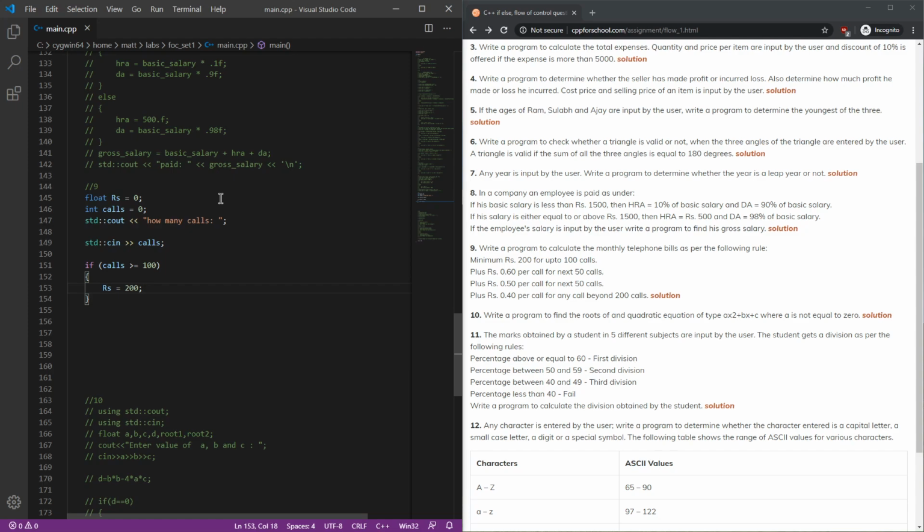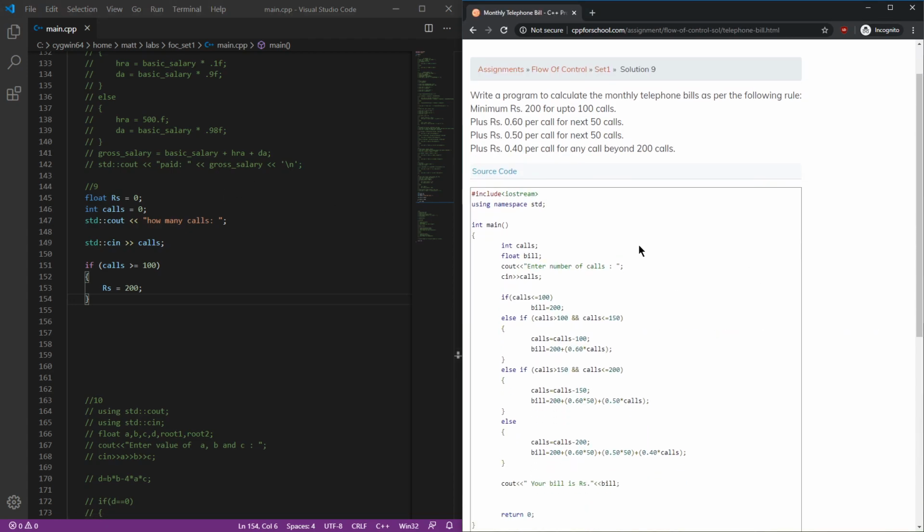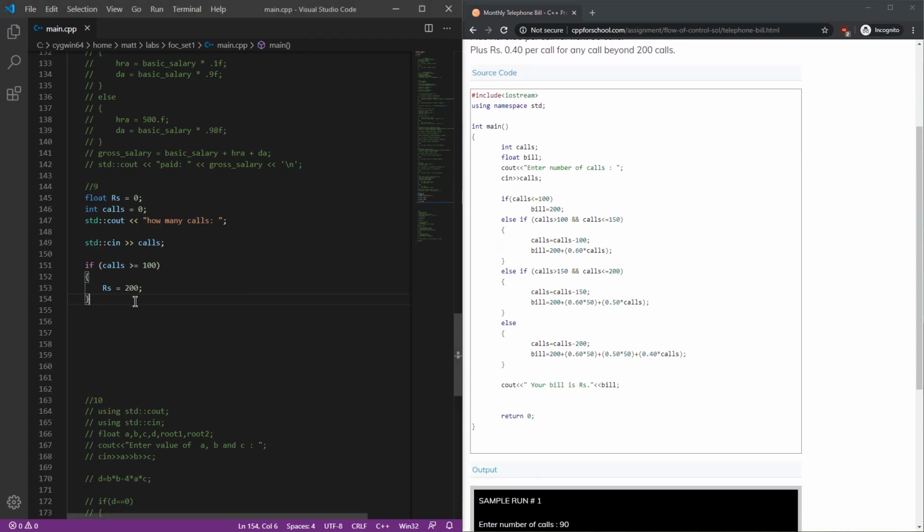Use a real variable name. Minimum Rs. I'm looking at the solution. I give up. I honestly give up, because I just don't understand what they're trying to say. It's not even comprehensible. Just make it simple.